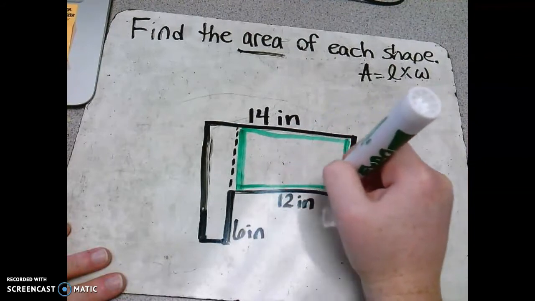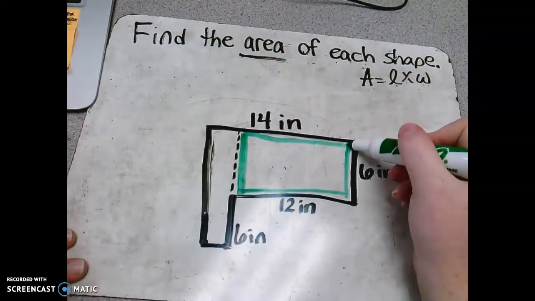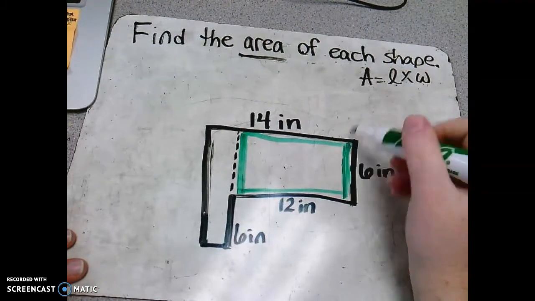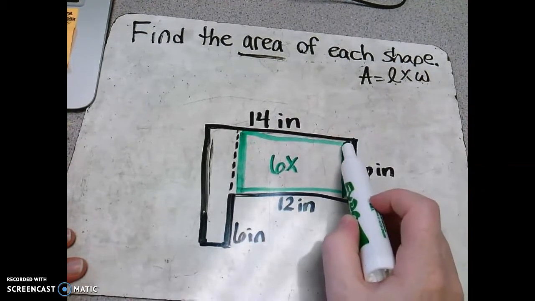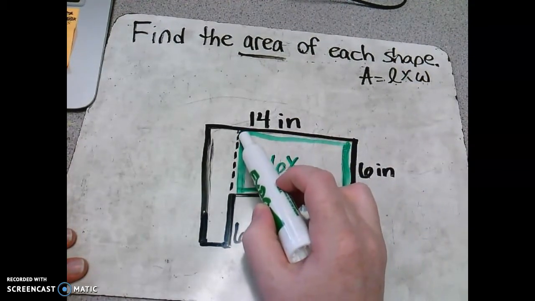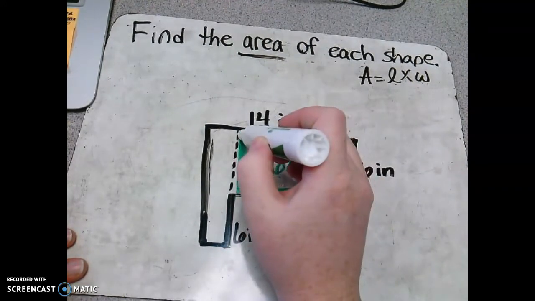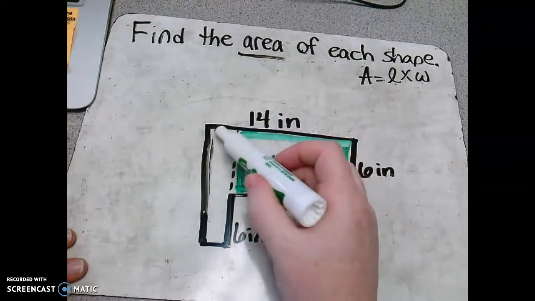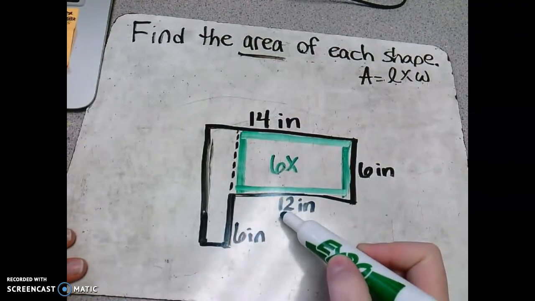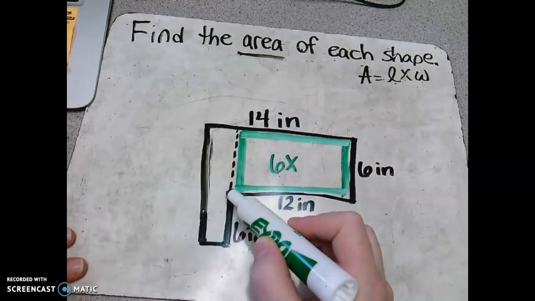So we need to find the area of our green shape. Okay, so we have one side. This one side is 6. And we need to find this side right here. We can't go all the way, so we can't use the full 14. Since we can't use the full 14, we can use this 12 down here because the 12 is the measurement just to that dotted line.